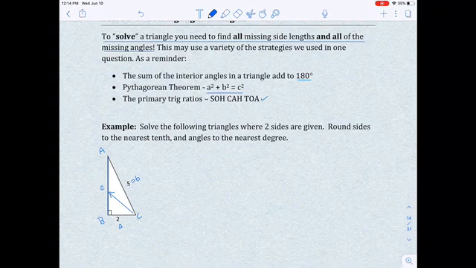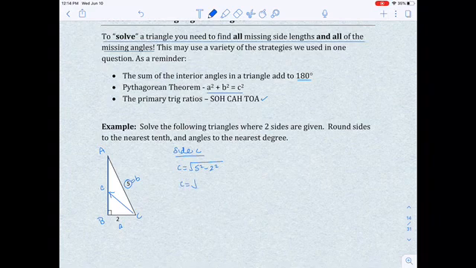So if we wanted to find side C, okay, so let's find side C. I'm going to use Pythagoras to do that. So side C would be the square root of my hypotenuse squared minus one of my legs squared, right? This is the hypotenuse. I know that has to be the biggest side. So it's 5 squared minus 2 squared.